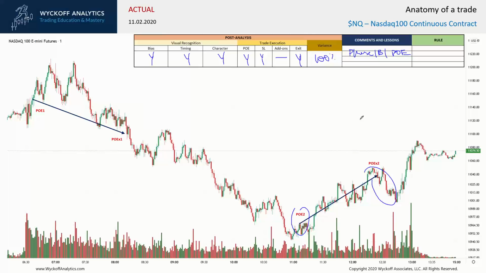In both cases, momentum is a signal: in the previous trade to get out, and in this trade in the second edition, a place to get in, because momentum in both cases was starting to wane and showed you that it's time for a change in direction in the overall swing. So on a positive note, I'm putting it in my book to pay very close attention to momentum. Yes, absolutely. Among other things.